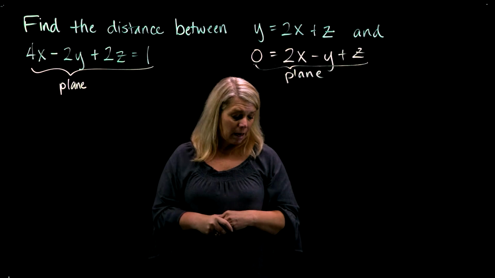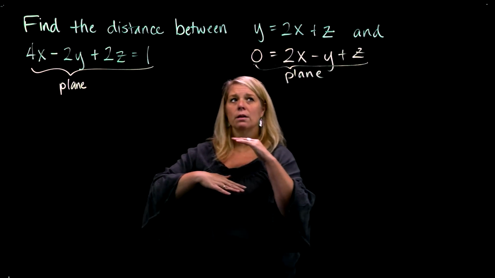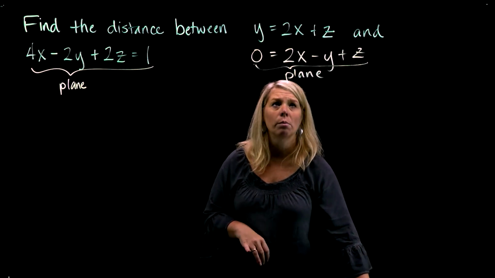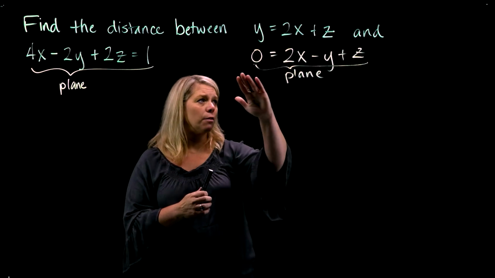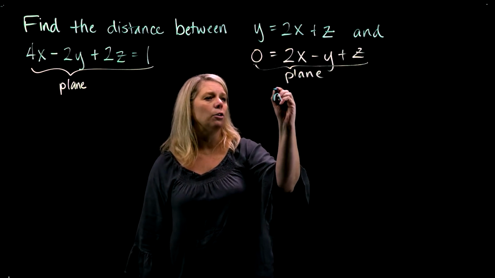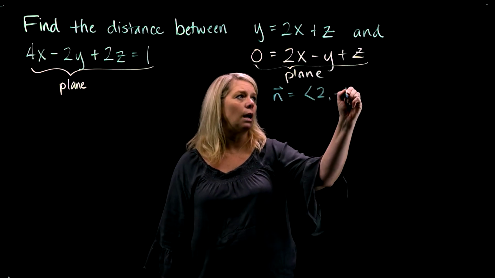So one way we could tell that these two planes would be parallel to each other is to think about vectors that are perpendicular, or I'm going to use n for normal, to each of these planes. So for this plane that I have here with 0 on one side, a vector normal to that plane is 2, negative 1, 1.